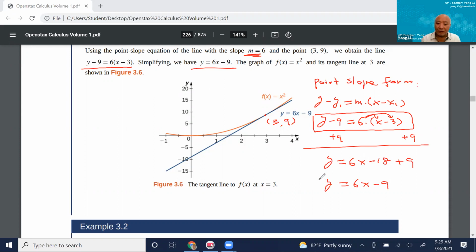And this one we call it as what? Remember, we learned before with the algebra. This equation with the form we call slope-intercept form.